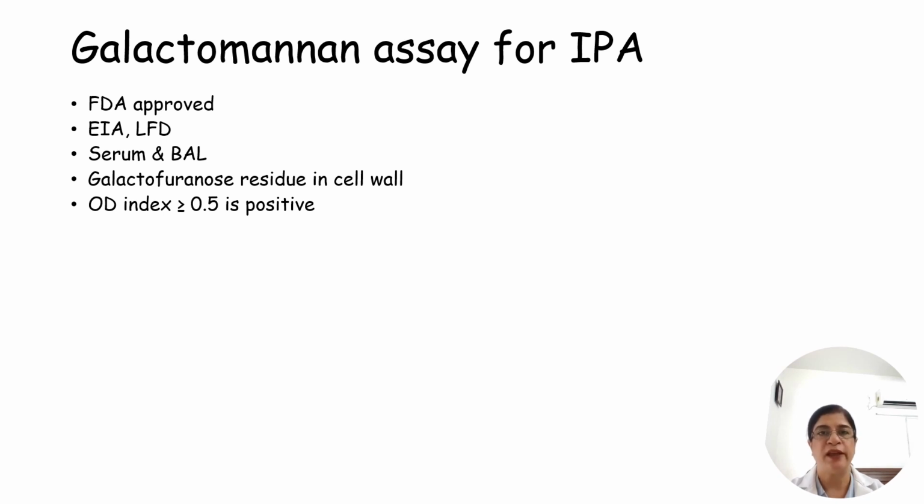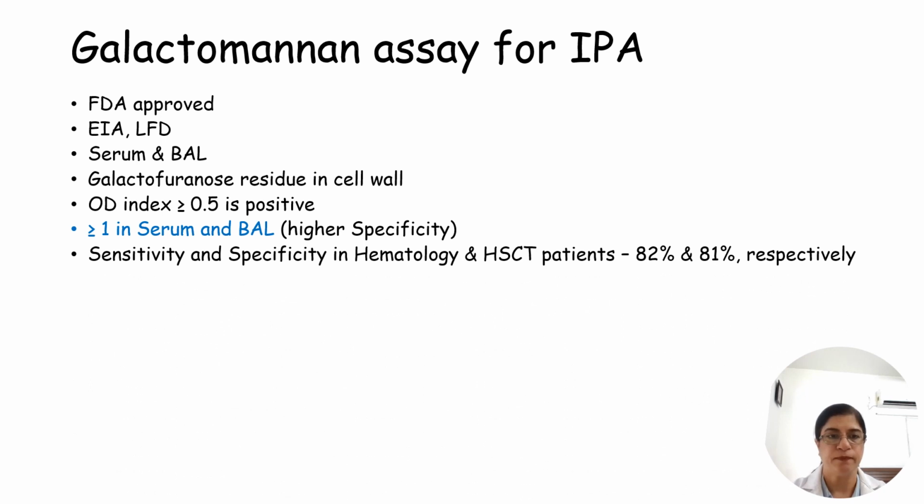The OD index which is considered positive is more than or equal to 0.5. And to increase the specificity of this test, now more than one cutoff is being used for serum and BAL. The sensitivity and specificity of this test remains around 80% in neutropenic patients.